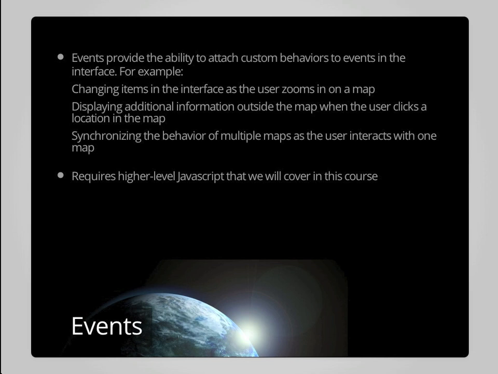Another capability provided by the Google Maps API relates to events. And events are a general programming concept where you link user activities or other events within the web page with chunks of JavaScript code that will be executed.